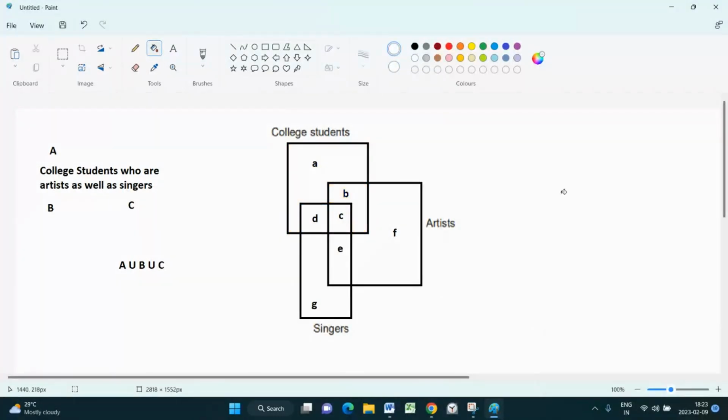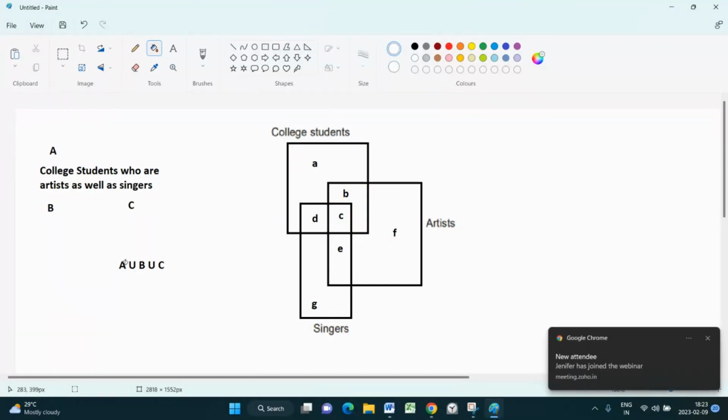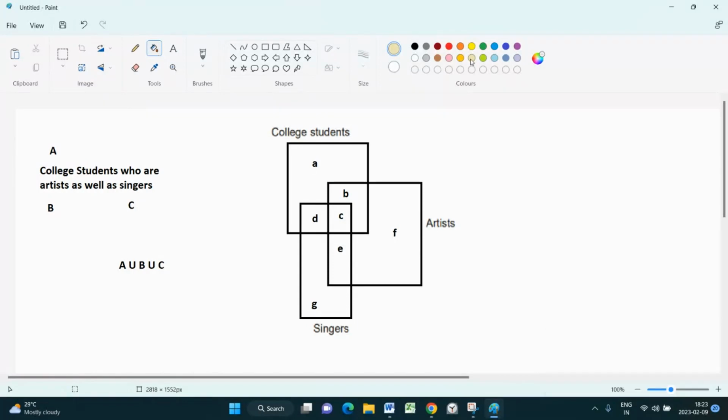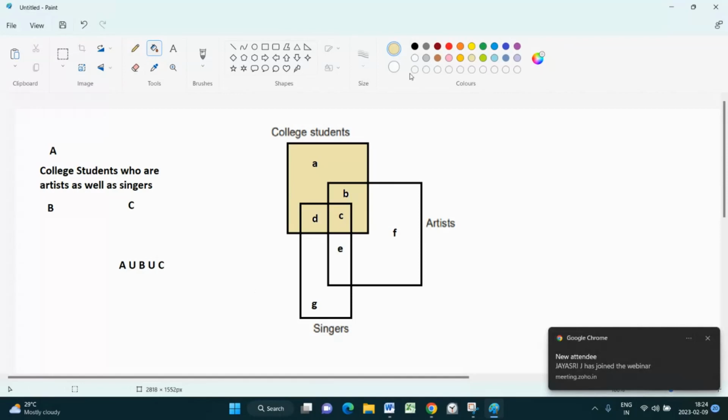I am now clearing it because I want to do the next one. I want the college students, because he is saying college students who are artists. I now want to mark the artists next.